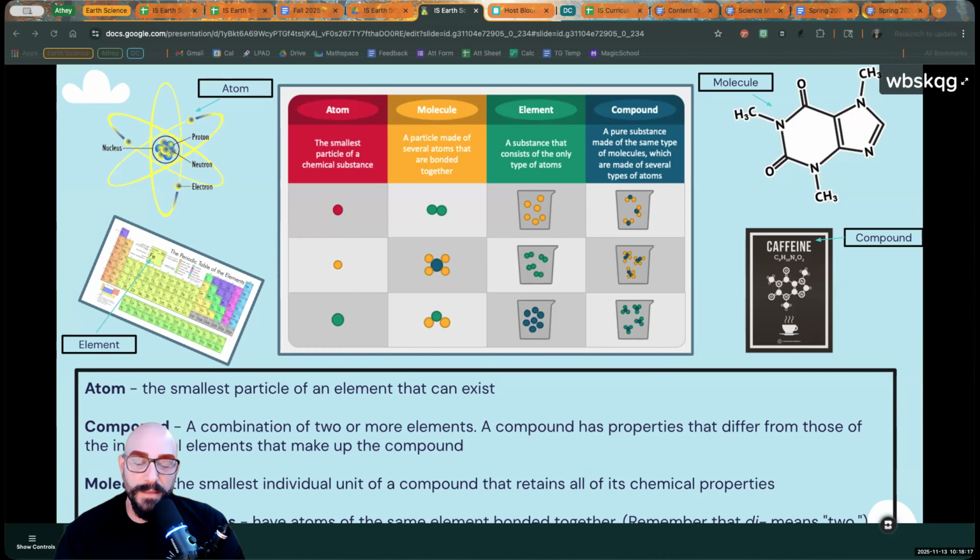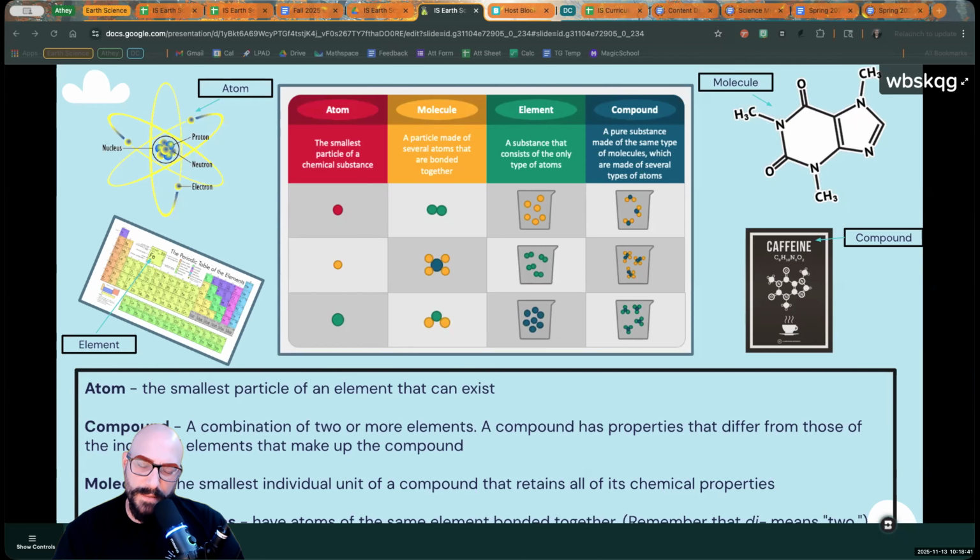What's interesting about a compound is that it can be all one element, or it can be multiple elements, but it's all one single thing.